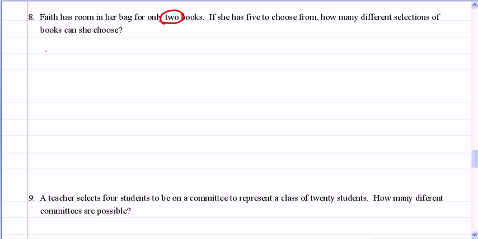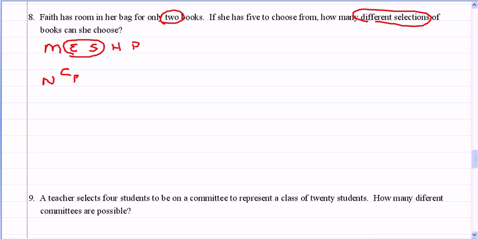So if I write those same books, math, English, science, history, and psychology, if she's choosing the English and science books this time, she can either choose English then science or science then English. Either way, she's taking the English and science books. So how many different selections means that we have a combination?